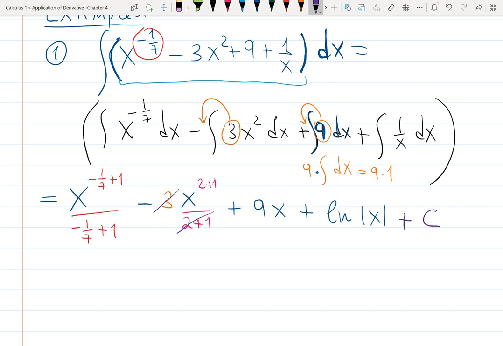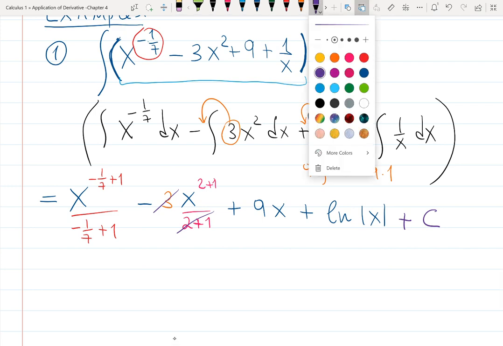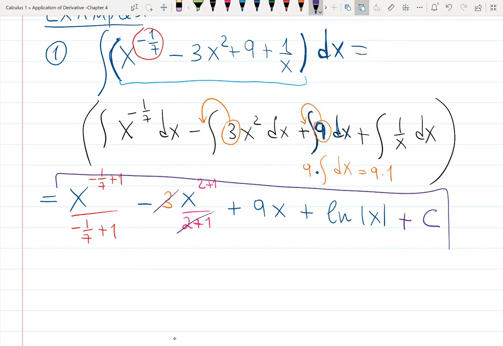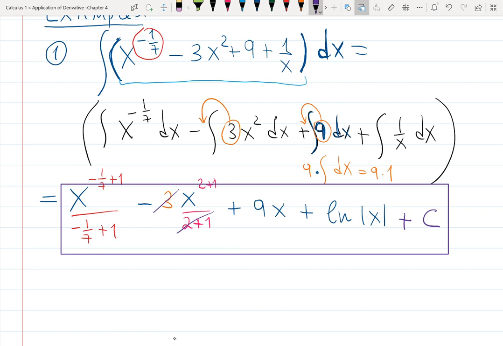That c will collect all the little c1, c2, c3, and c4 from the intermediate calculations, because they all add up together and become some kind of number. That's why we only put plus fat c at the end. And this is the answer. Not too bad, I told you.